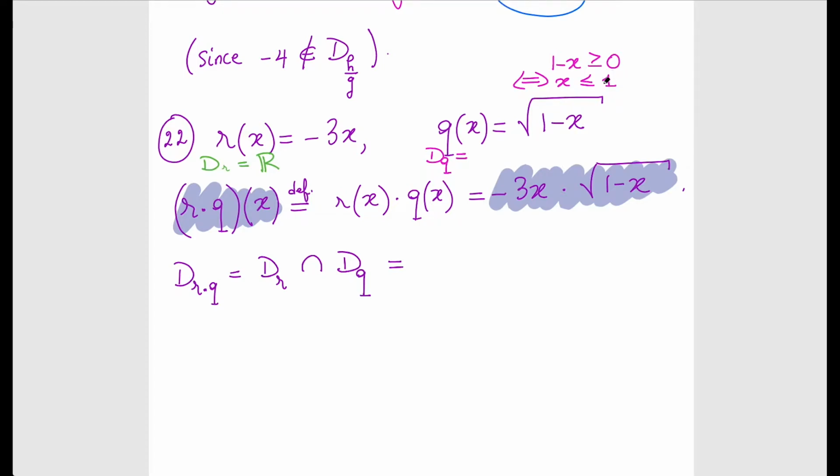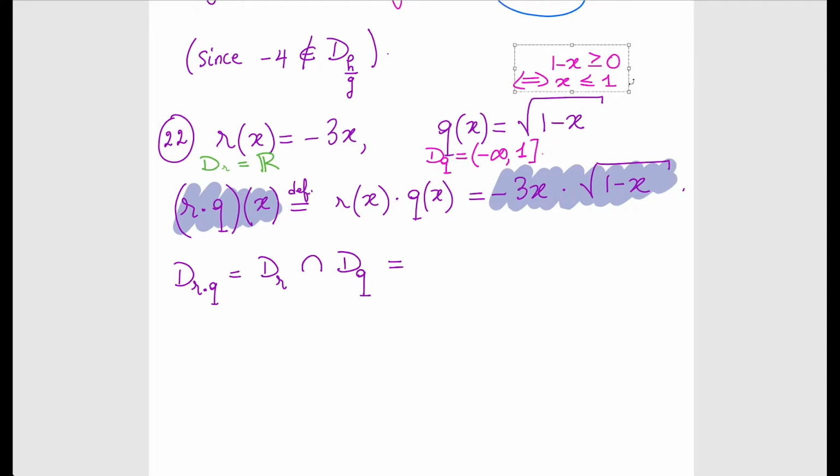So 1 minus x is non-negative as long as x is at most 1. So the domain of q is all real numbers that are less than or equal to 1, which means minus infinity all the way to 1, including 1. Make sense? Okay.